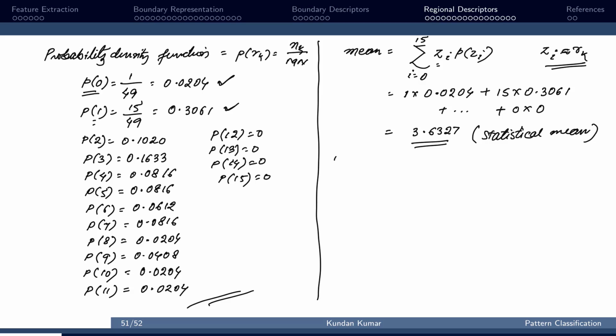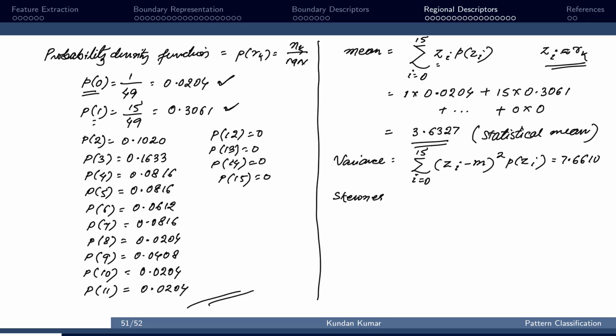Similarly, we can compute the variance. For the variance we have the sum of z_i minus the mean that we have just computed, squared, times p(z_i), where i equals 0 to 15. When you put in the values, this value will come, 7.6610.